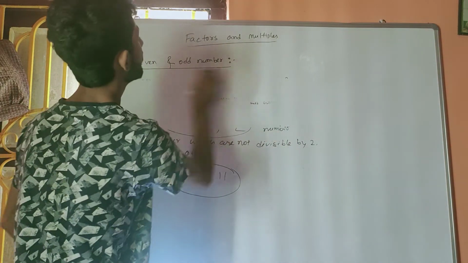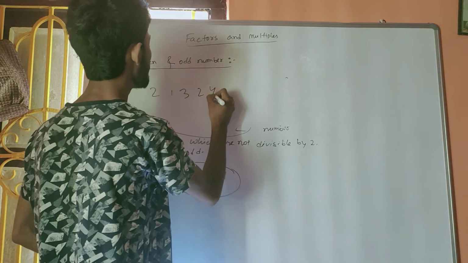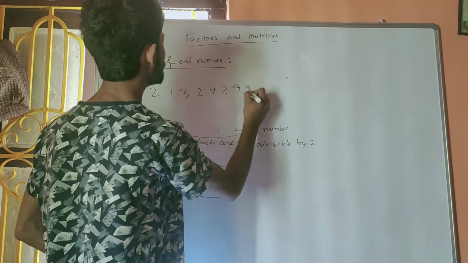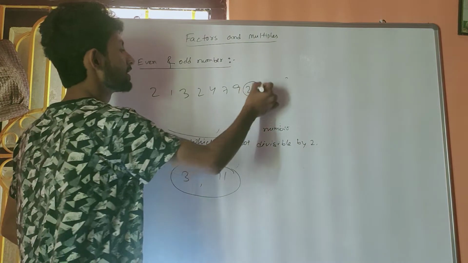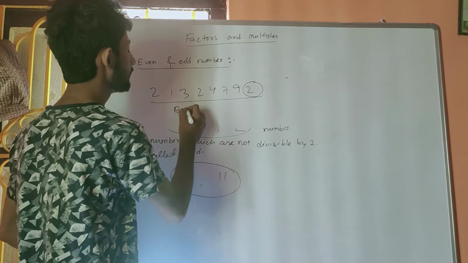Suppose there is a number 213274792. The last digit is 2. So the whole number is even.